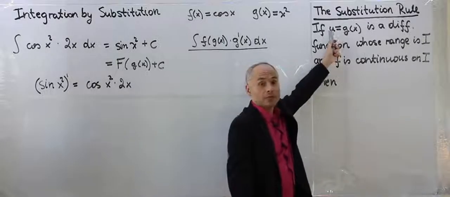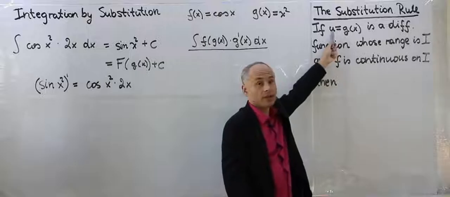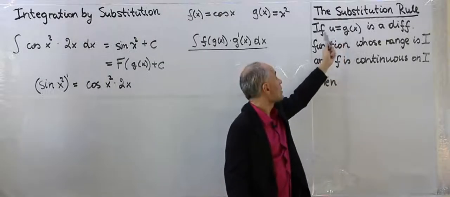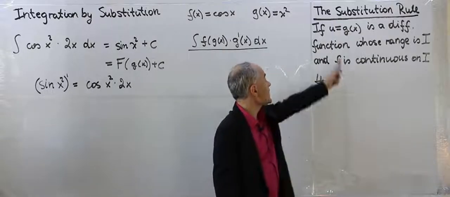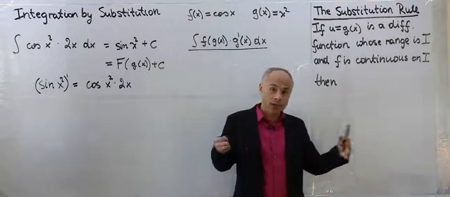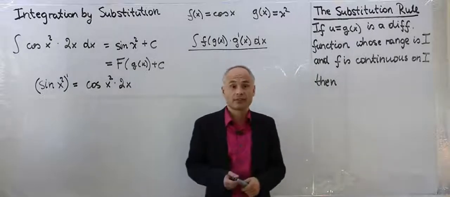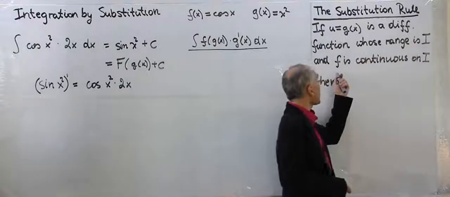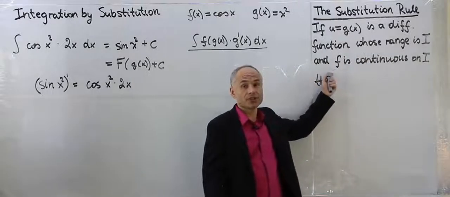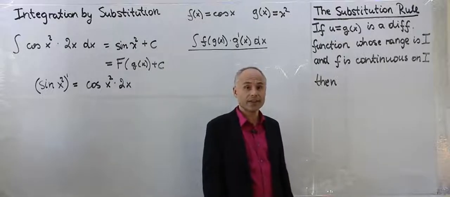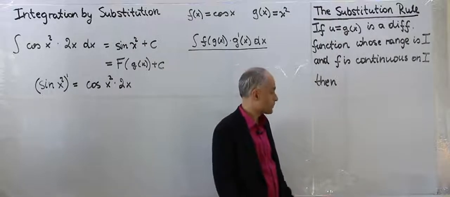So I will introduce a new variable. I will call the inner function g of x, I will call it u. And let's say that this function g is a differentiable function on some range which is an interval. Let me call that interval I.